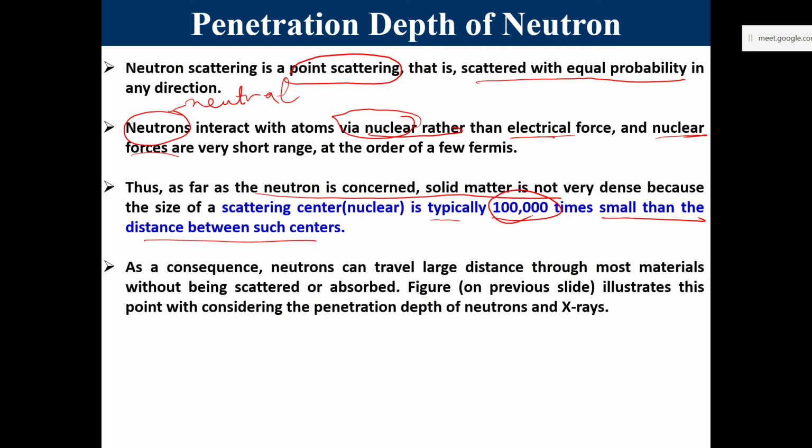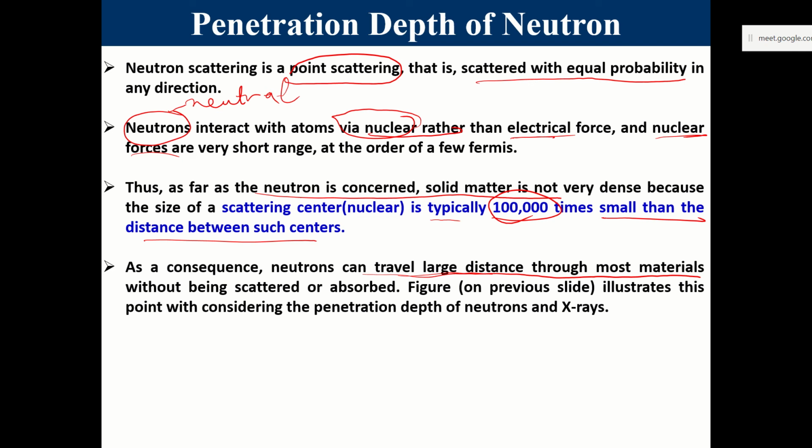As a consequence, neutrons travel larger distances through most materials without being scattered or absorbed, so most of the neutrons will pass through unhindered. That's the idea, because there are a lot of empty spaces.